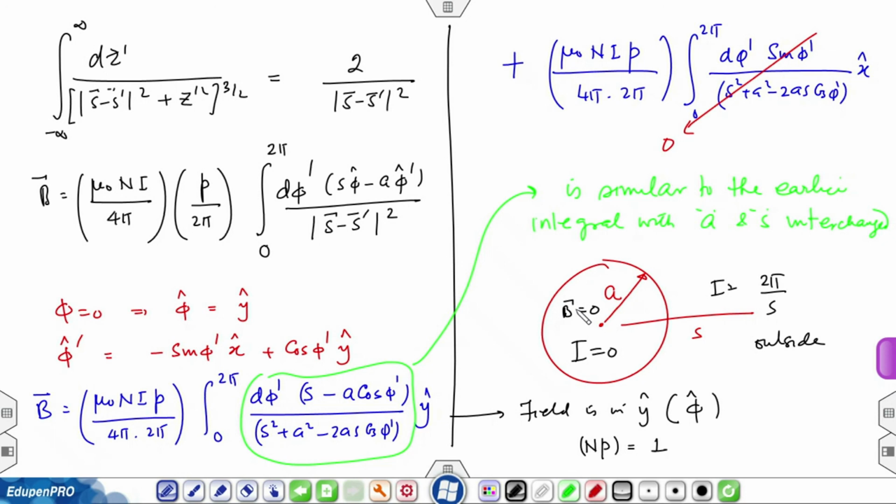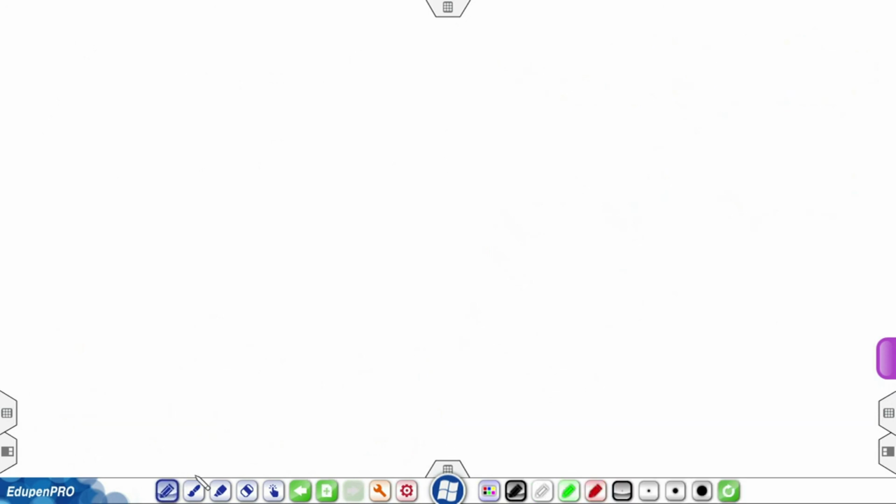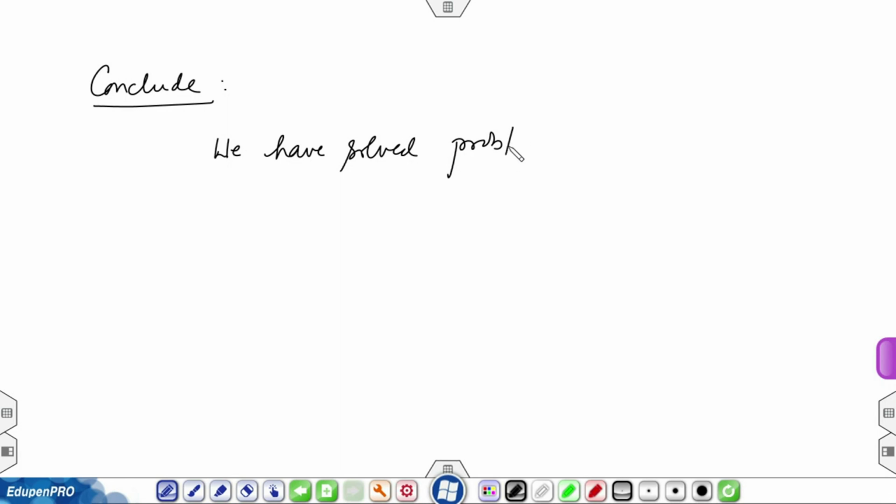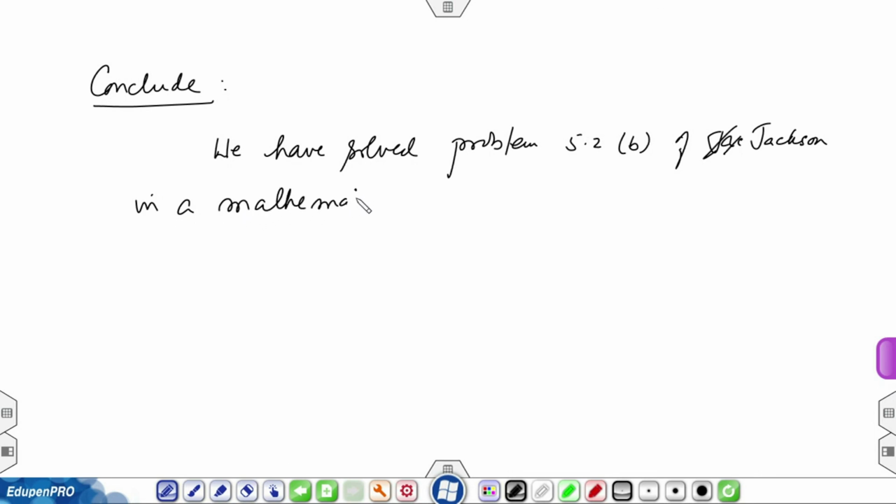So, I will now conclude by saying that we have solved problem 5.2b of Jackson in a mathematically rigorous way.